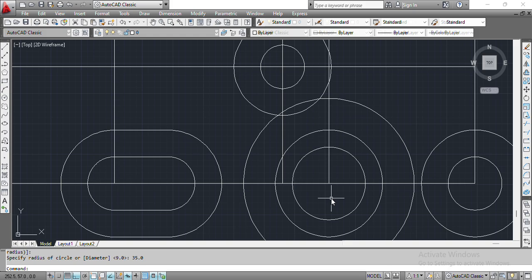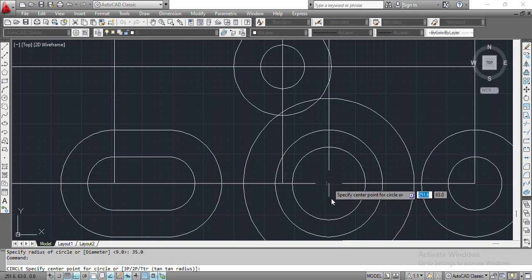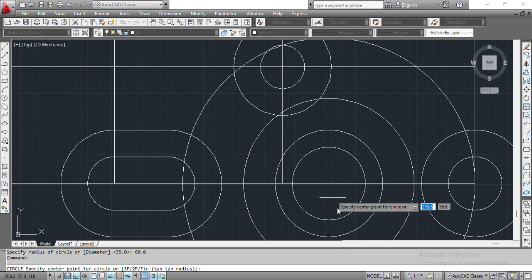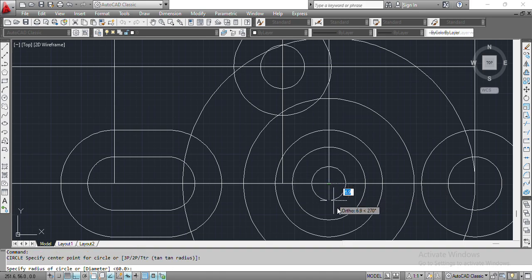And again another circle of R60.0, and again another circle from the same center of 60.0 minus 11, 60.0 minus 11.0, 49.